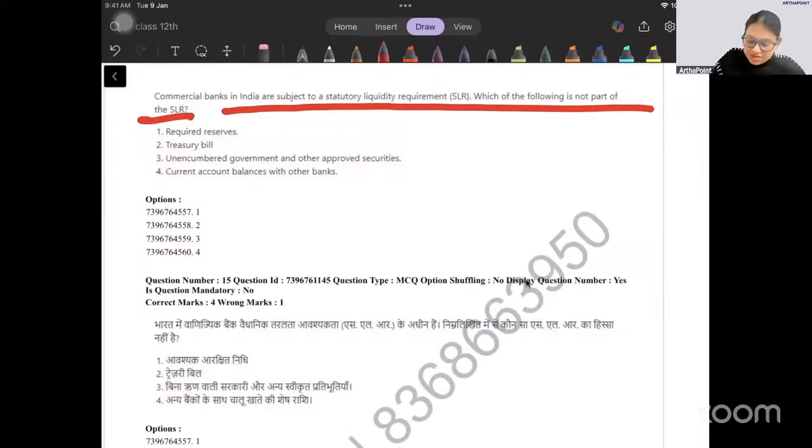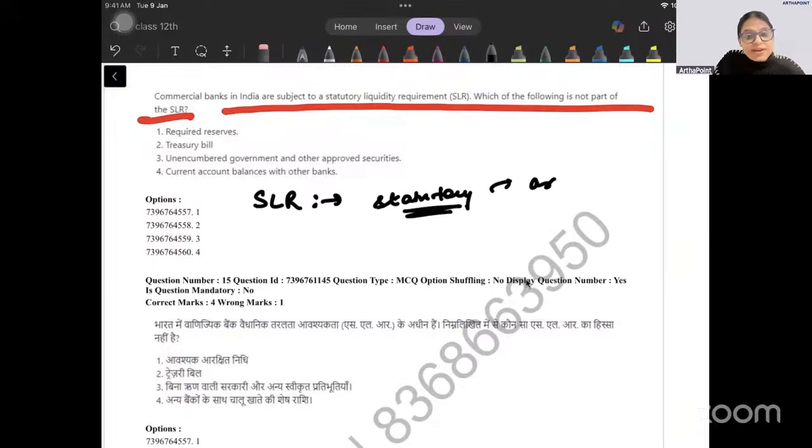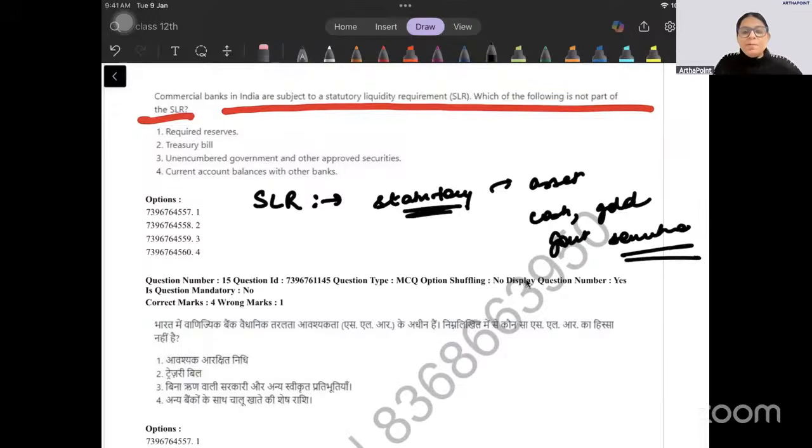Okay, so let's look here. देखो, SLR means it has to be in statutory liquidity ratio. मतलब, it has to be some form of an asset like cash, gold, government securities. ये सब हो सकता है, ठीक है. But SLR cannot include the required reserves.